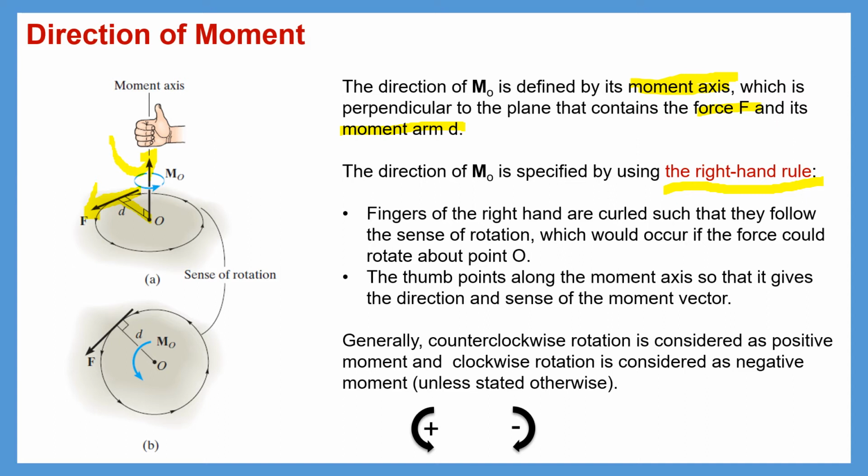So it gives the direction and sense of the moment. So here the thumb is in z direction. Generally, counterclockwise direction is taken as positive and clockwise direction is taken as negative. In that example, our fingers are curled in counterclockwise direction. So the generated moment will be in z direction and it will be positive.